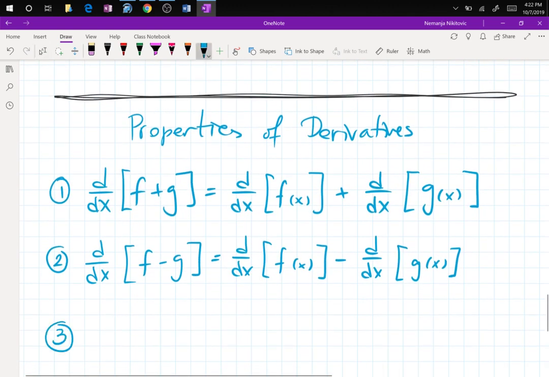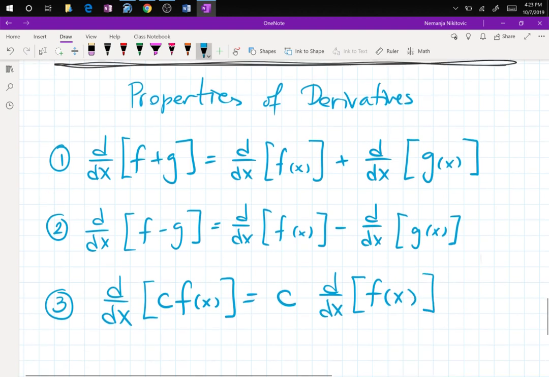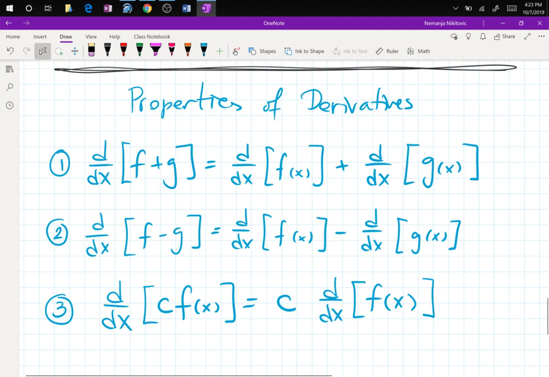Number 3, the derivative of c times f of x. So if you multiply by a constant, you can kick the constant outside and then do the derivative of f only. So these are your properties.